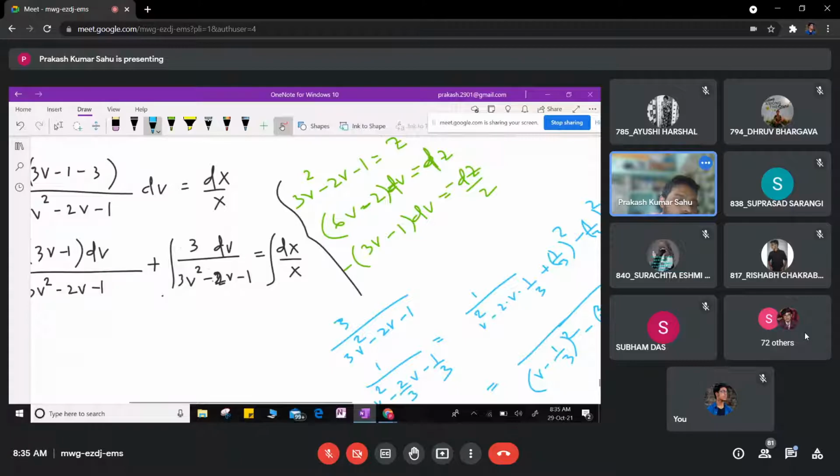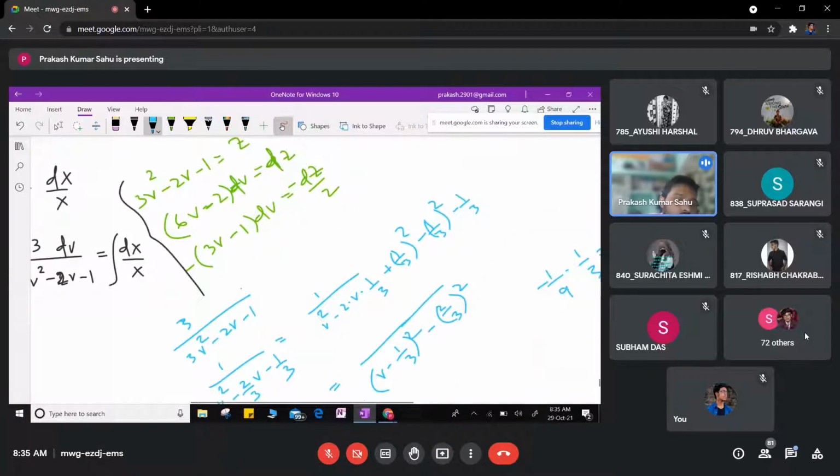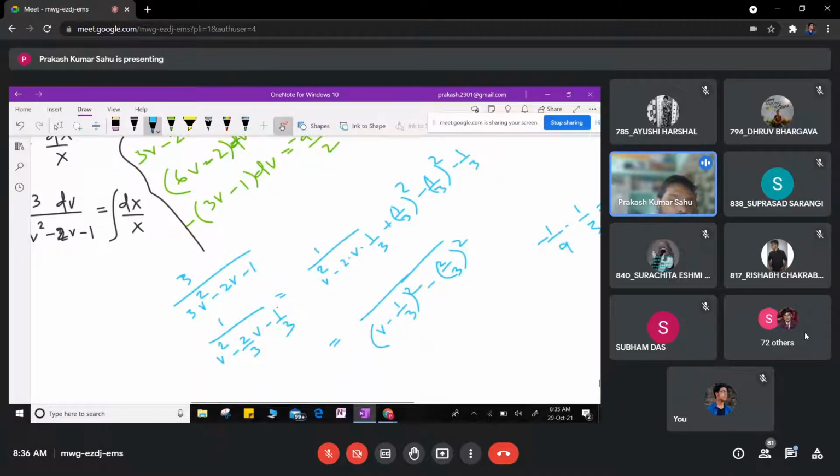Okay, in that case you have squaring the denominator. Squaring the denominator means you have to write in form of either a plus b or a minus b whole square minus something square. A square x square minus a square form में लिखना पड़ेगा.